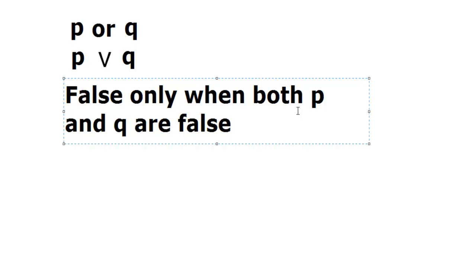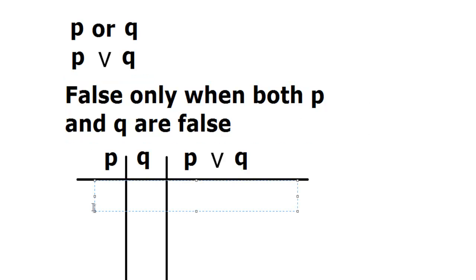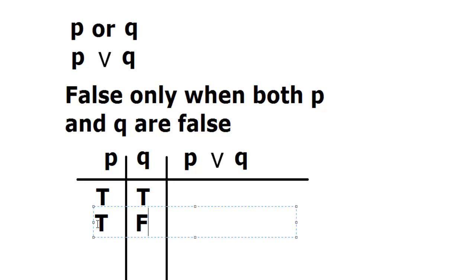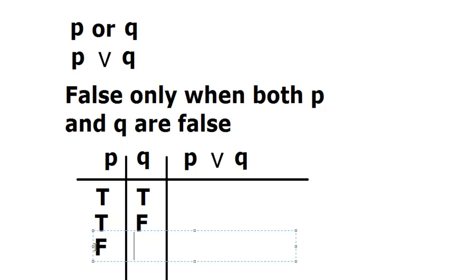So if we have to prepare a truth table for this, it will go like the following. We can have values for P and Q in the following manner. That is, both P and Q can be true, or we can have P as true and Q as false, or we can have P as false and Q as true, or we can have both of them as false.